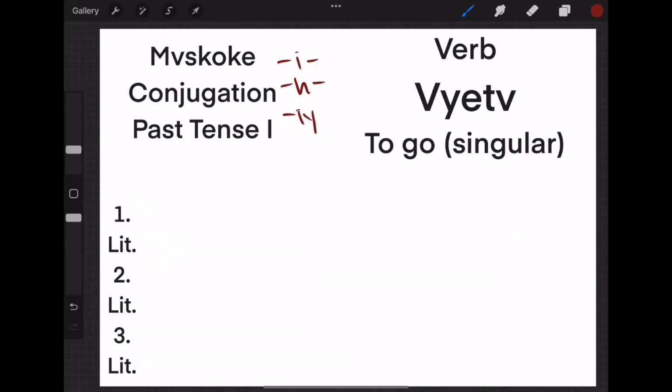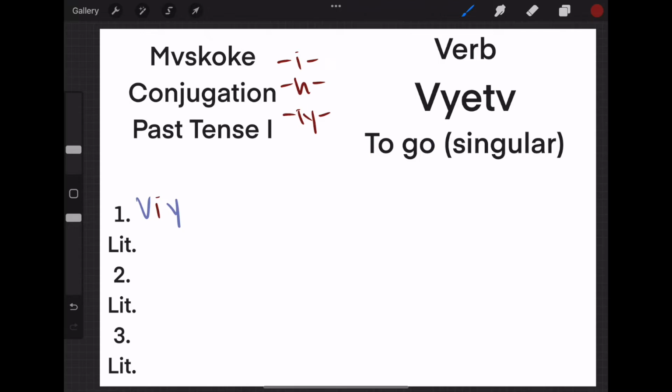We'll write down our past tense 1 indicators, I, H, IY. Just like in English, sometimes our vowels A, E, I, O, U will sometimes include Y. So, in this case, I cannot be our past tense 1 indicator. Sometimes when you're trying to figure out which conjugation is best, it's good to sound out the word.